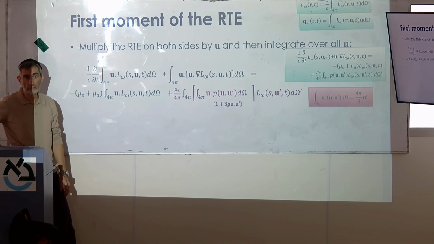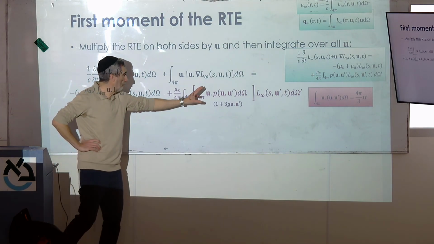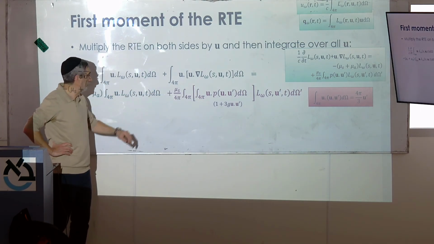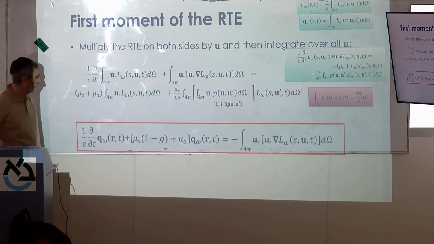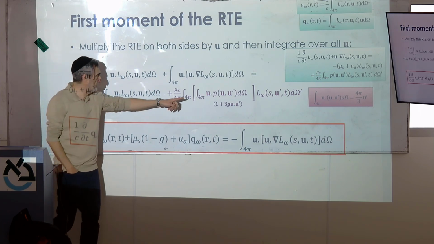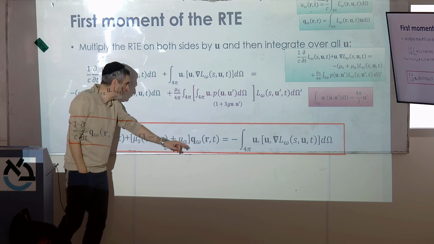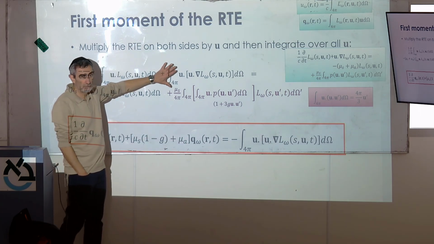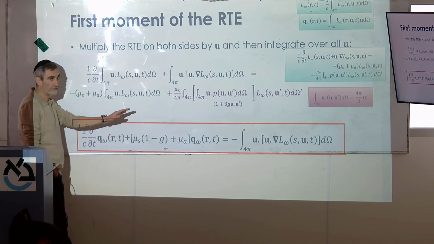And again I get Q, the flux. So I have g times the flux times mu s, and you remember what we wrote last time. At the end you end up with this equation: time derivative of q plus mu s times (1 minus g), plus mu a, times q, equal to this bad term here, which is really annoying, that we leave for now like that.